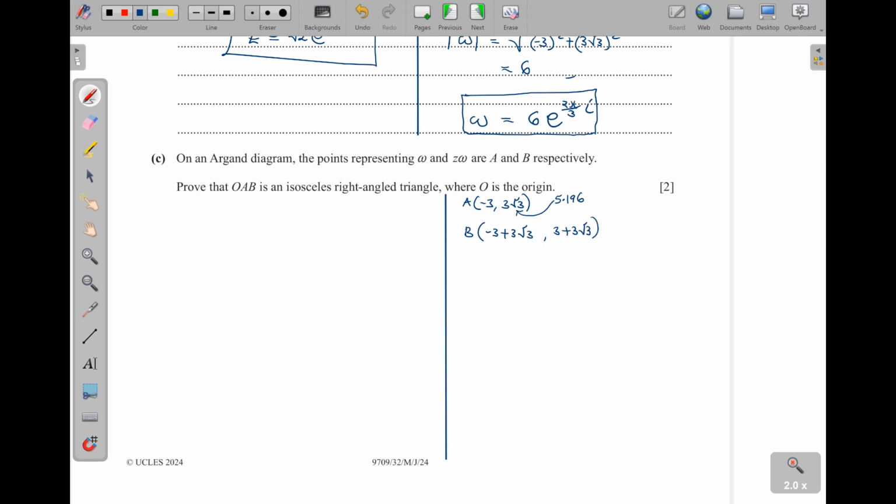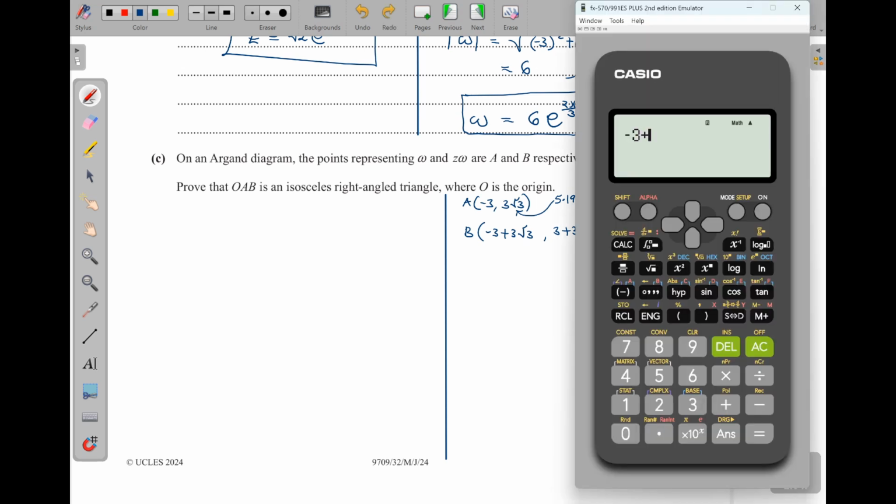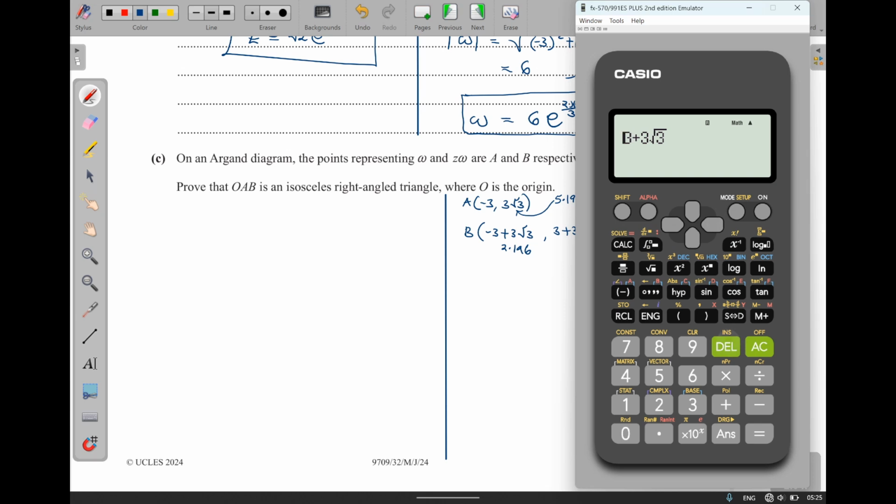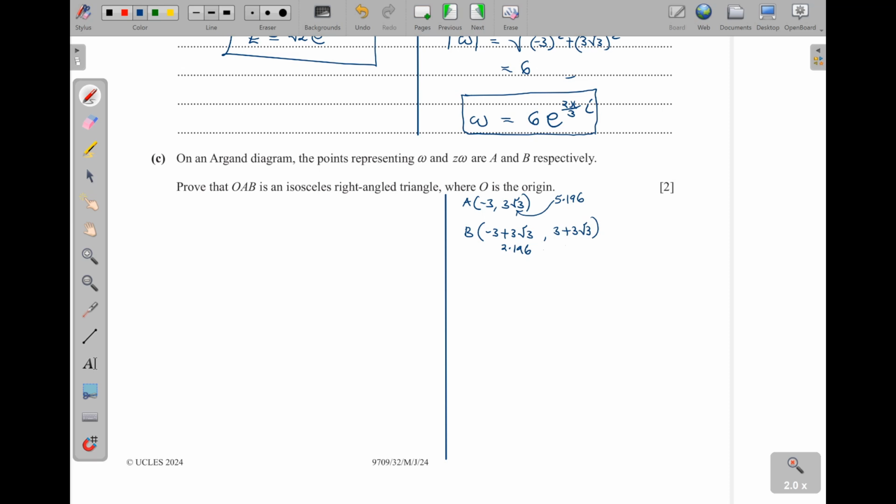Now let us see these coordinates. Negative 3 plus 3 root of 3 gives us 2.196. How about 3 plus 3 root 3? I just change the negative, so this one gives us 8.196. Then let's look at OA.